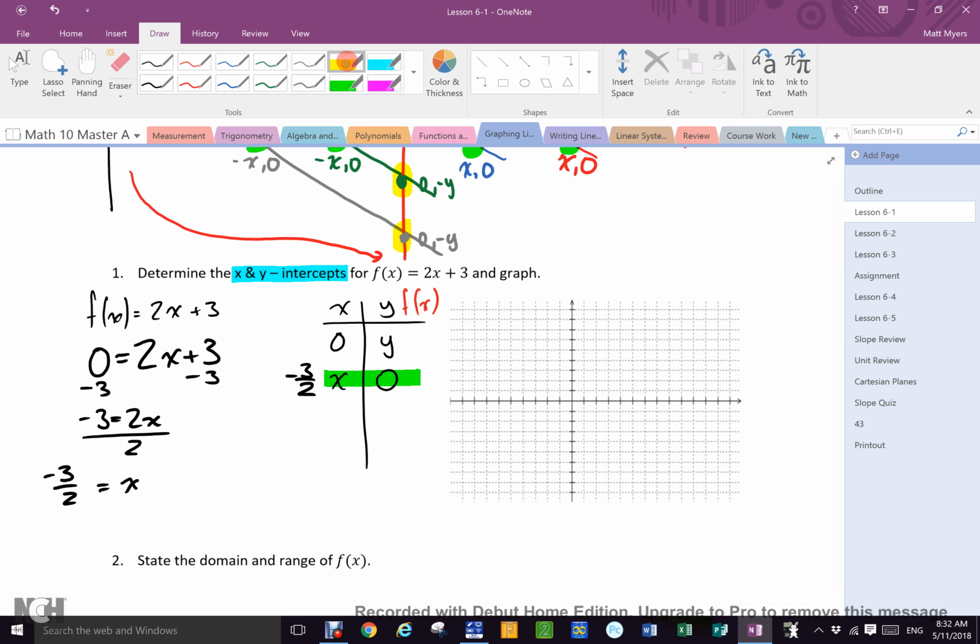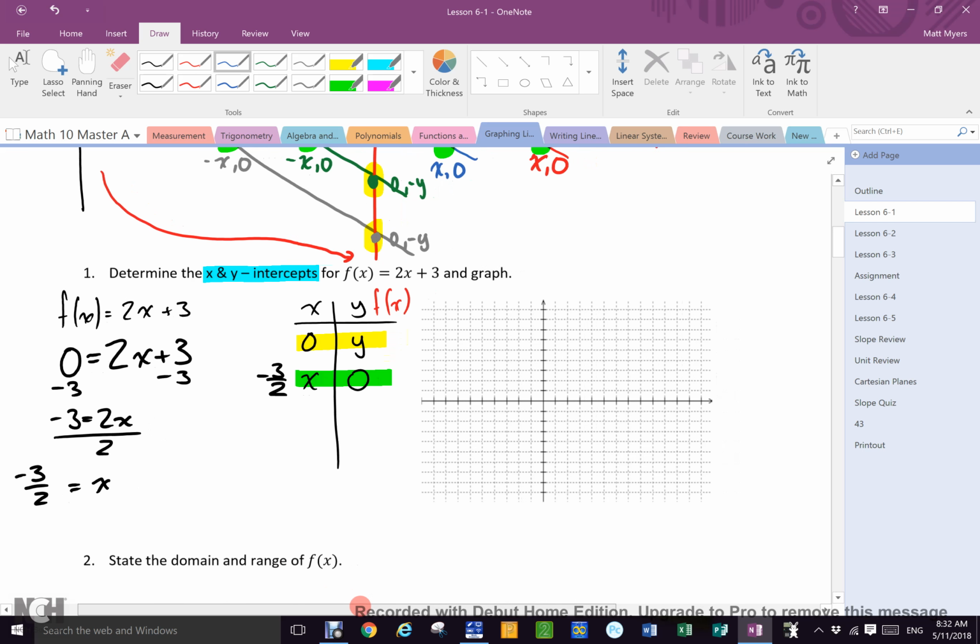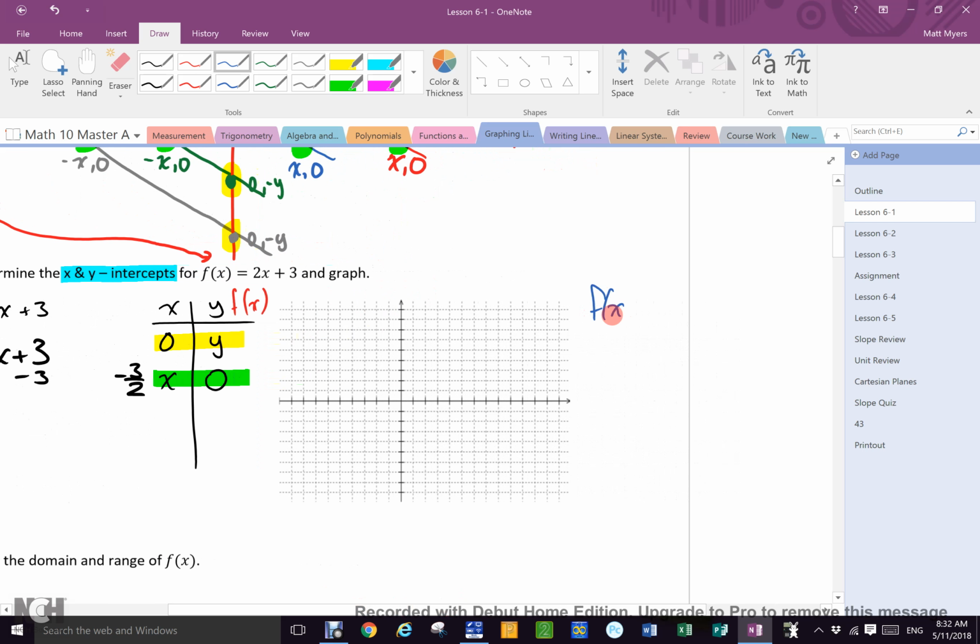So let's check the yellow one. What do I do with that one when I have f of x equals 2x plus 3? What do I know here? Fx is still fx, or we could call it y, because they're the same thing.